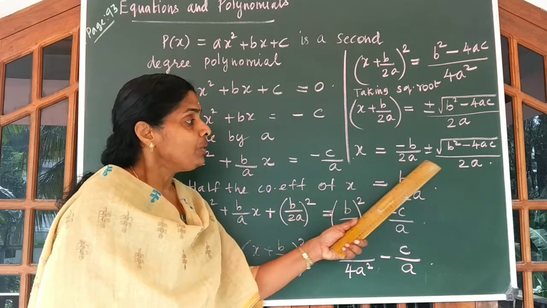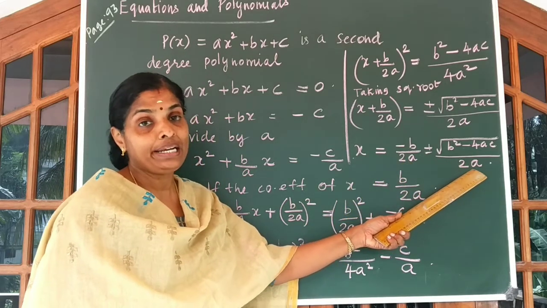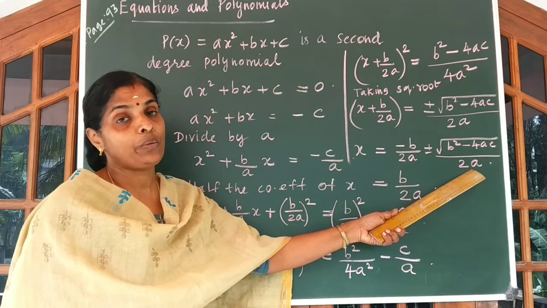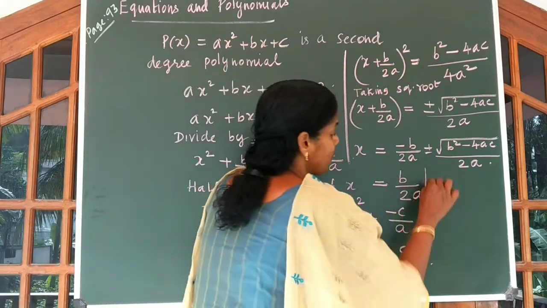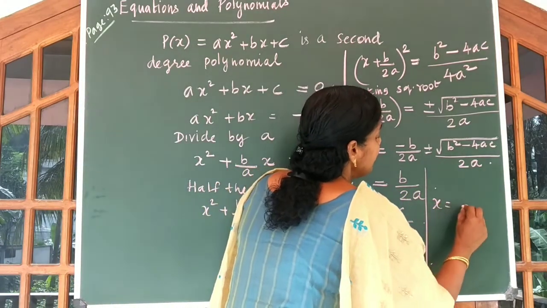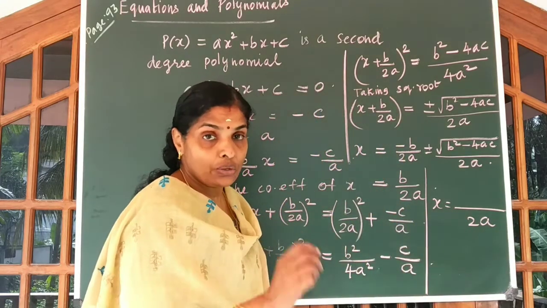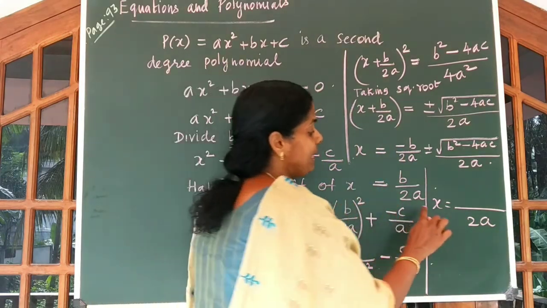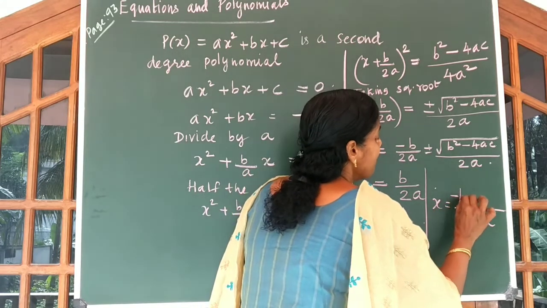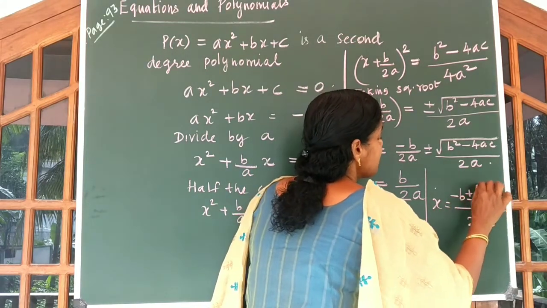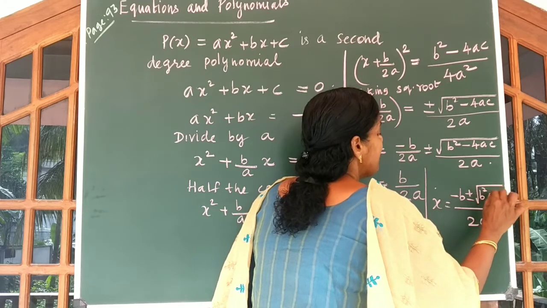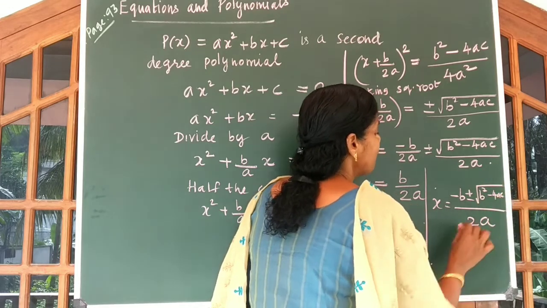Now since 2a is the common term, we can write the equation as x is equal to, taking 2a as the common denominator, minus b plus or minus root of b square minus 4ac.